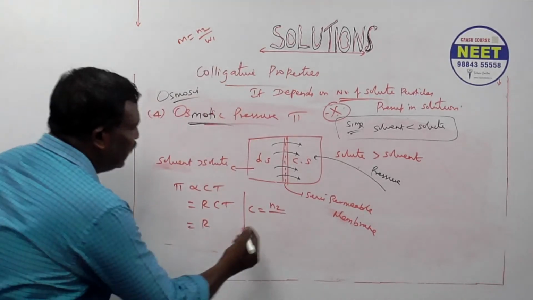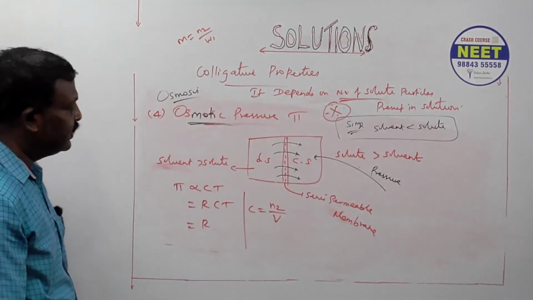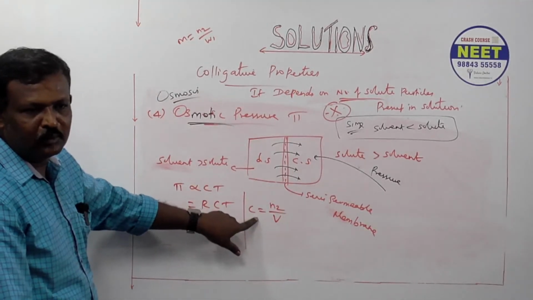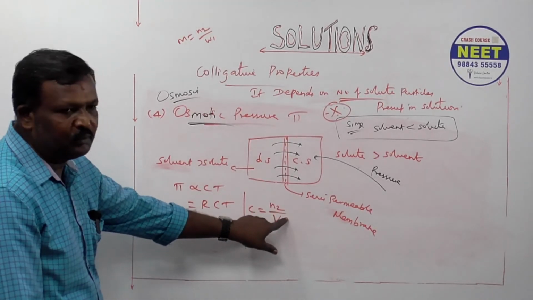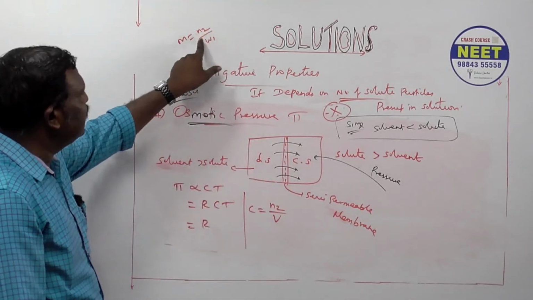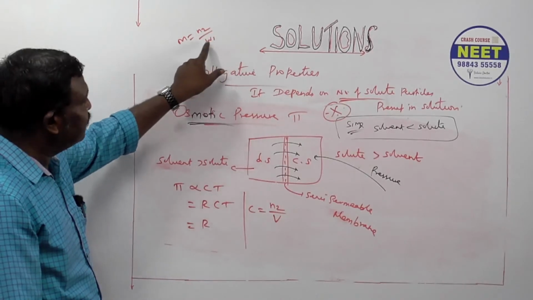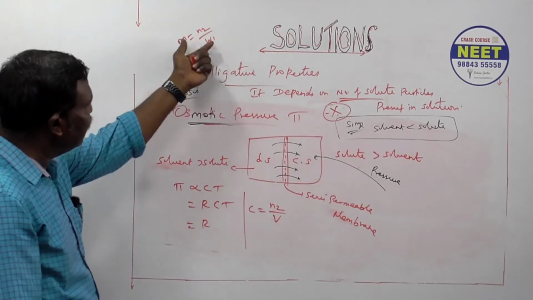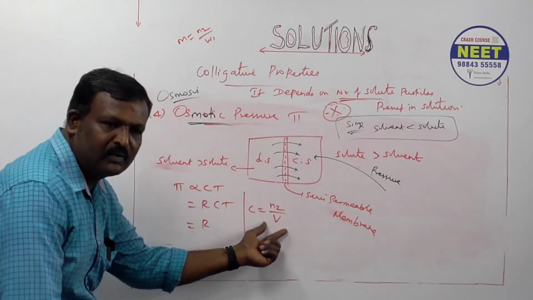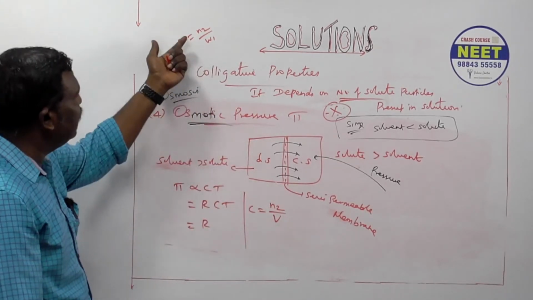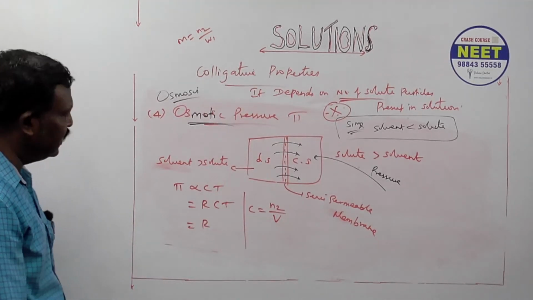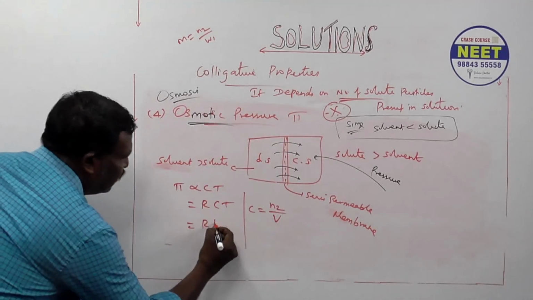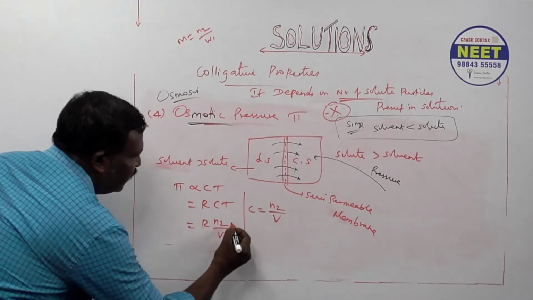But here n2 by V is called molarity. Molarity means the solvent should be measured in volume, in liters. Molality means the solvent should be in kilograms. Understood? This is called molarity.